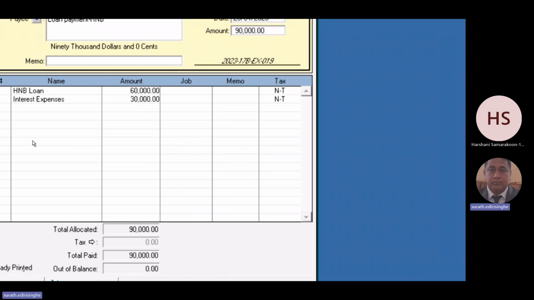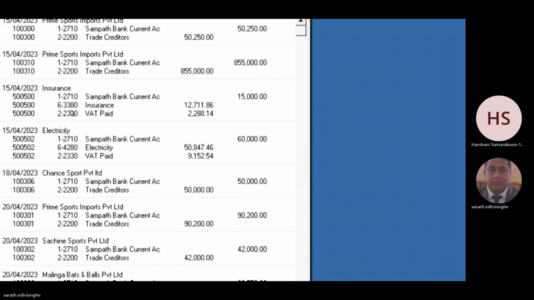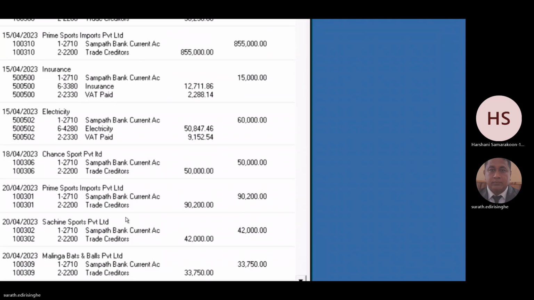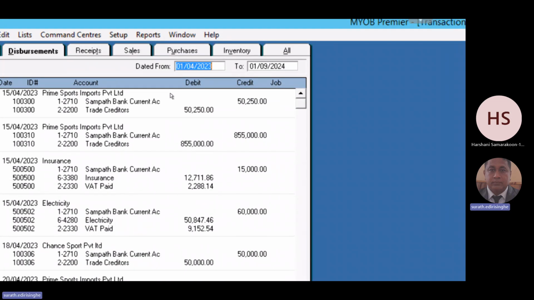And this interest portion is debited to your P&L record. Look at the journal entry. When we pay, what is the date? 20th. I forgot the date actually.